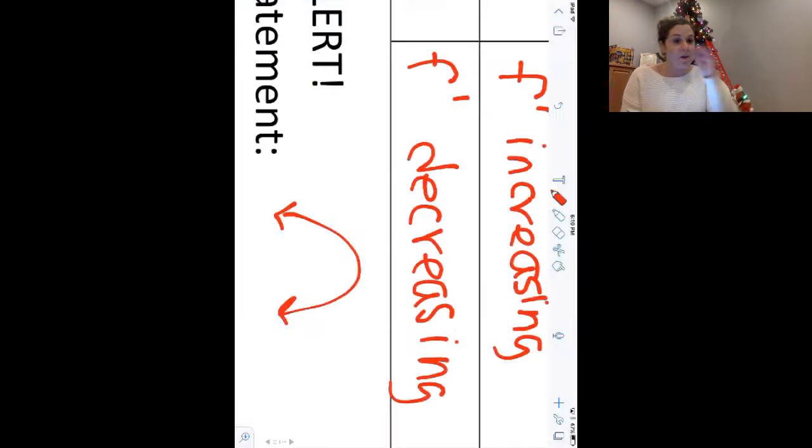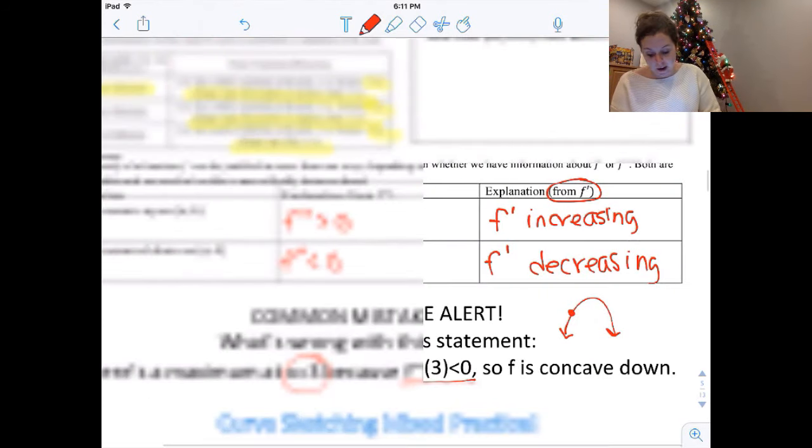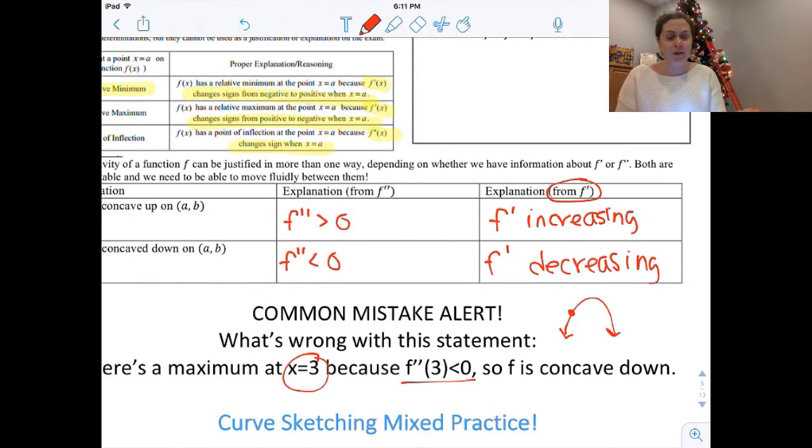Just because f is concave down at a point does not mean that it's a maximum, right? So we need to go further with that. We're going to look at the second derivative test for that. So just hang on. If that's something that you've had questions about, when we use concavity for maxes and mins, and when we just use it, that's something we're going to get into further, okay?